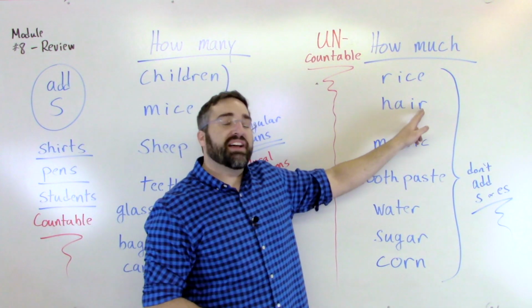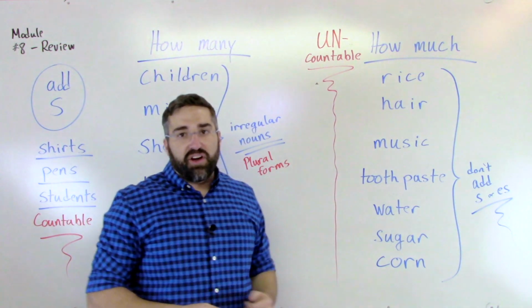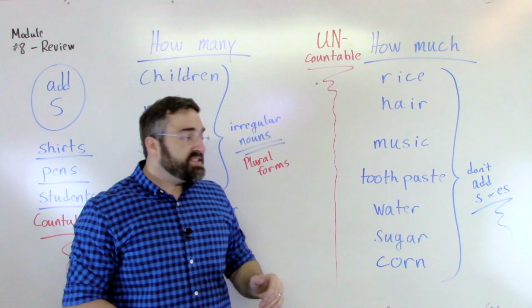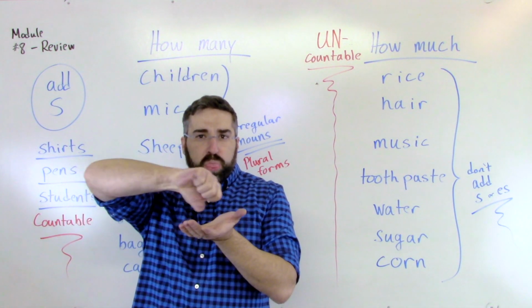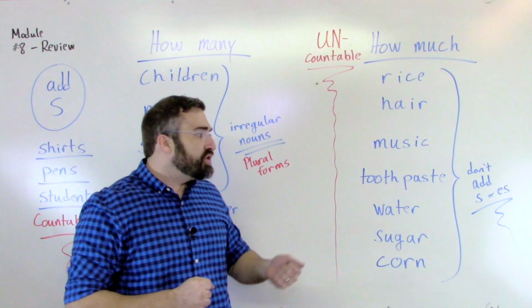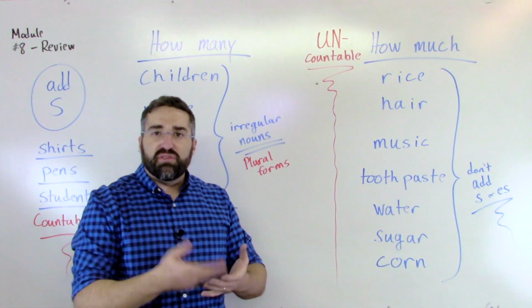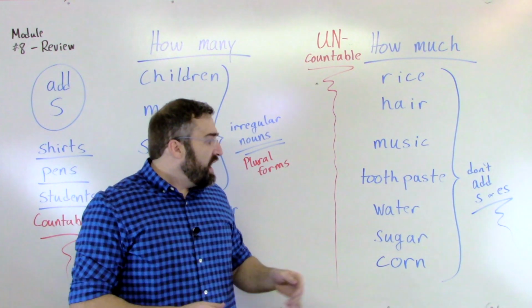So simply try not to add an S on there. Music is uncountable. Toothpaste is uncountable. Things that are in a tube that you squeeze out, those are uncountable things because we don't know the quantity, right? We can't just count that out.